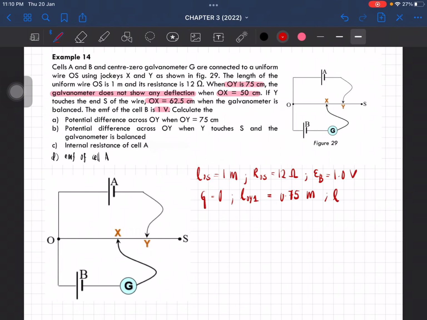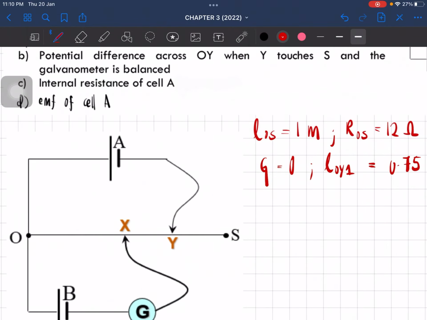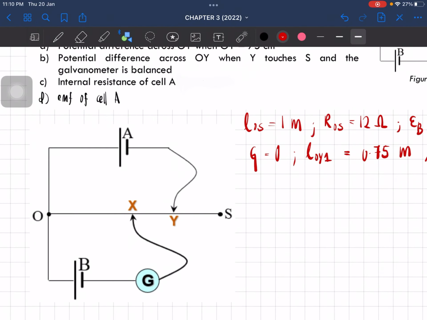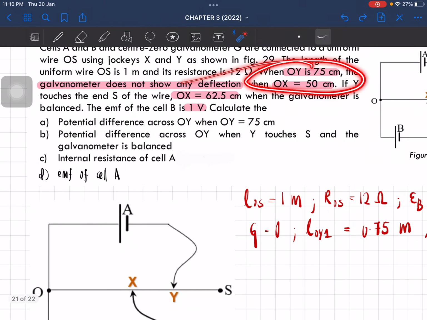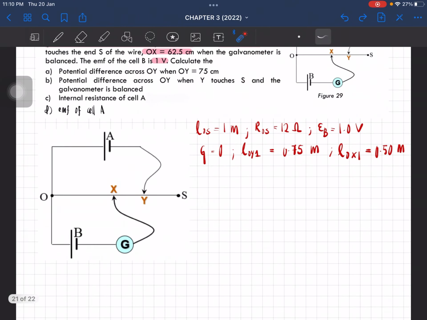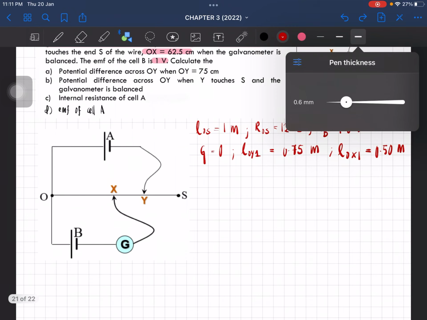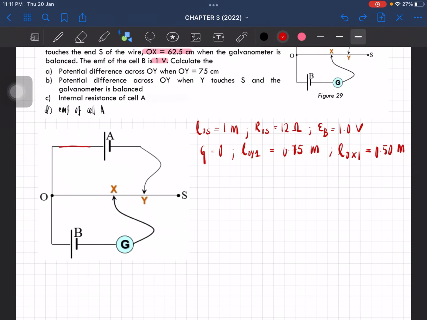And then the length OX1 is equal to 50 centimeter, which is 0.5 meter. So for this one, let's first draw the current direction, for the first situation, which is this one.